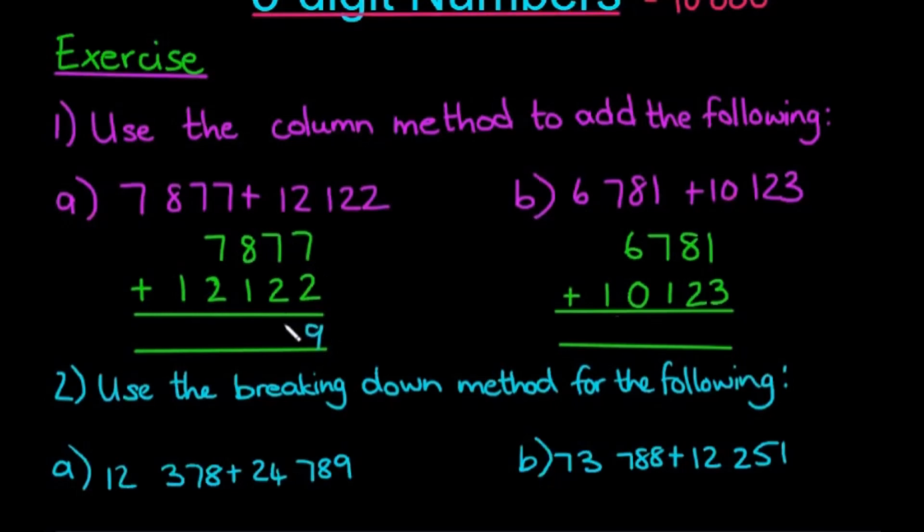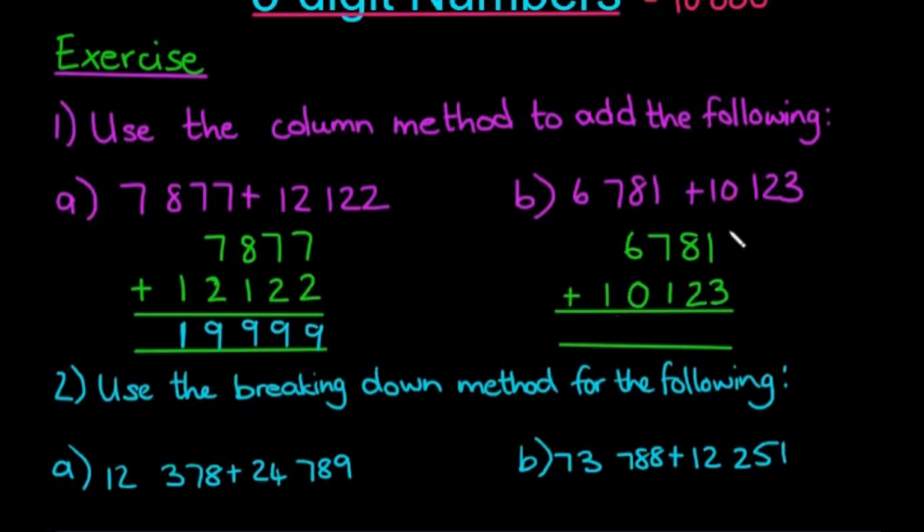And 70 plus 20 will give me 90. 800 plus 100 is also going to give me 900. 7,000 plus 2,000 will give me 9,000 as well, with the remainder of 10,000. This will give me an answer of 19,999.